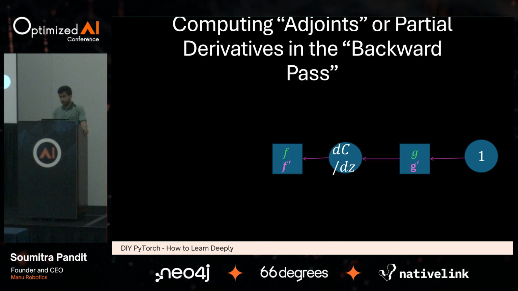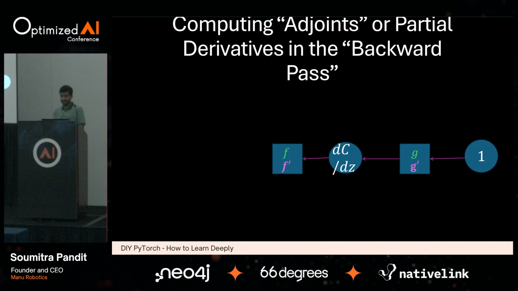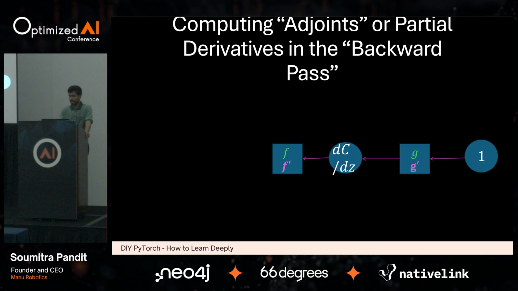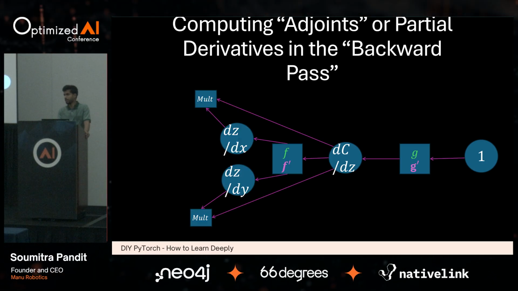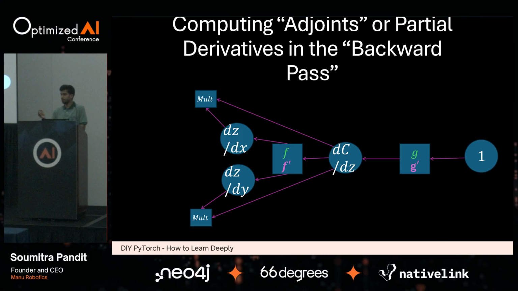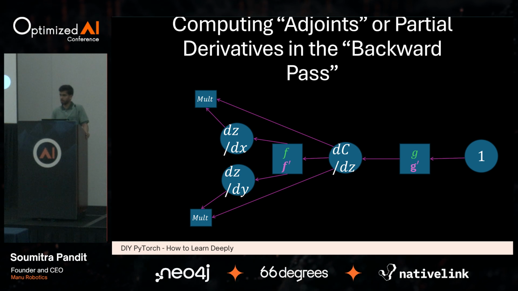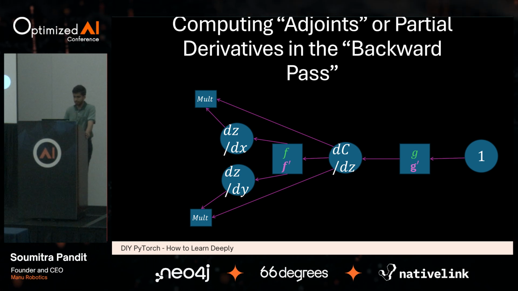And then you can go back further, and then you have this function, and now you're supposed to derive dc by dz through the new function f. And that kind of explodes, because at each level we have defined it such that we can have one pass and it will get back to every single input. That is the power of reverse mode automatic differentiation.